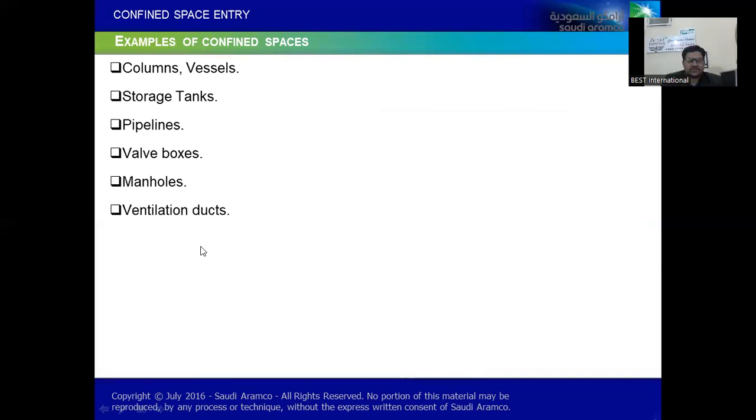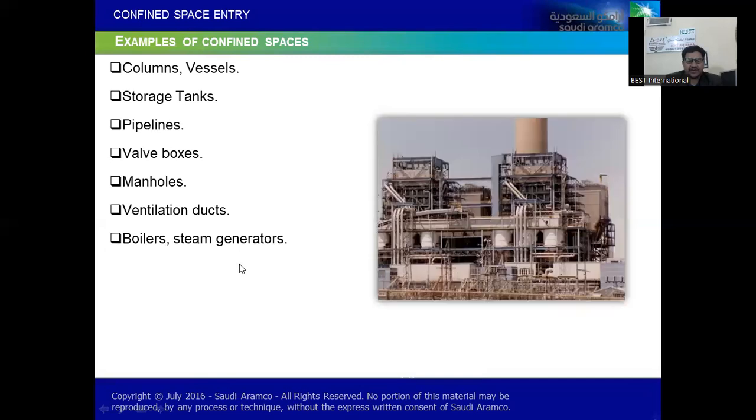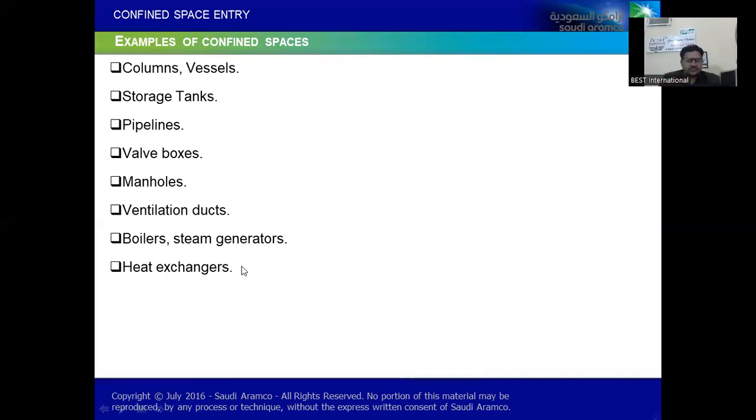Ventilation ducts, boilers, steam generators, heat exchangers, sewer sumps and pits, barge compartments, and excavation at least 4 feet deep. So all would be considered confined space.